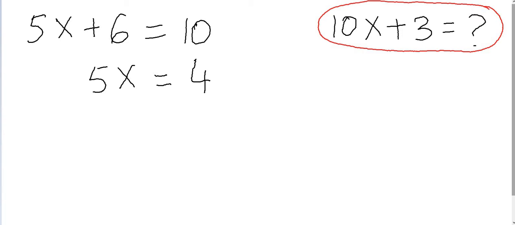Now you need to find out 10x plus 3. So let's figure out what 10x is. If 5x equals 4, then 10x is double of 5x, so 10x would be double of 4, which is 8. Okay, so we know 10x.